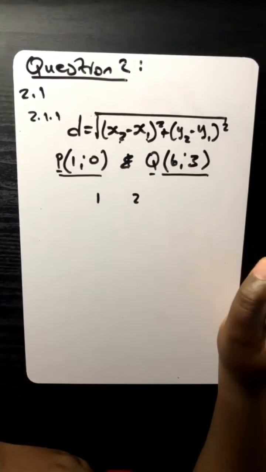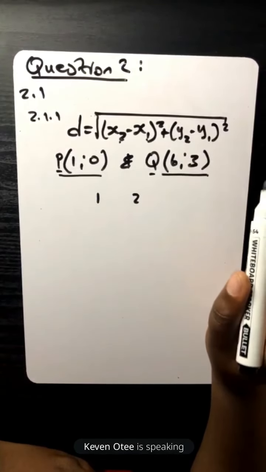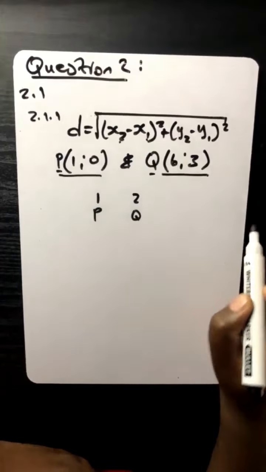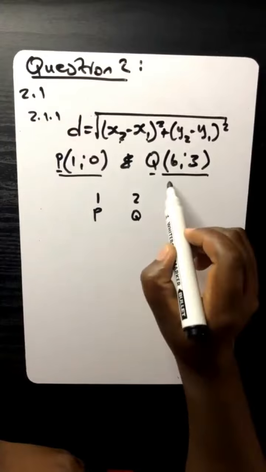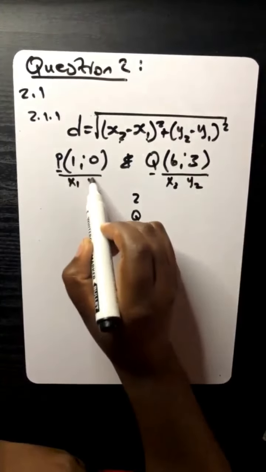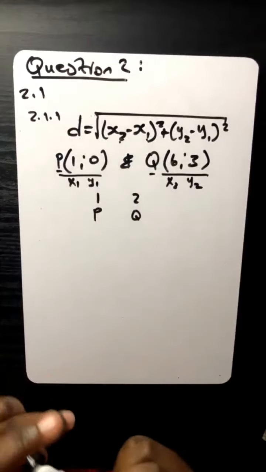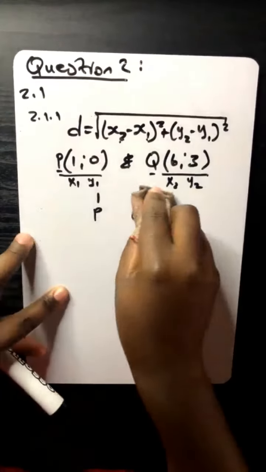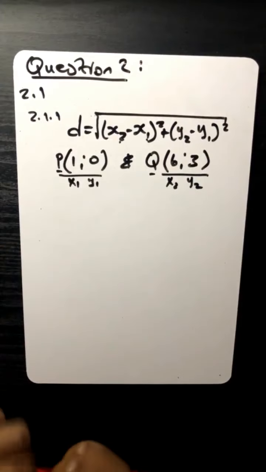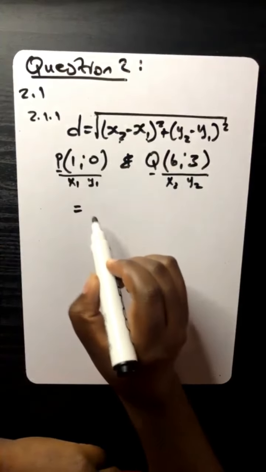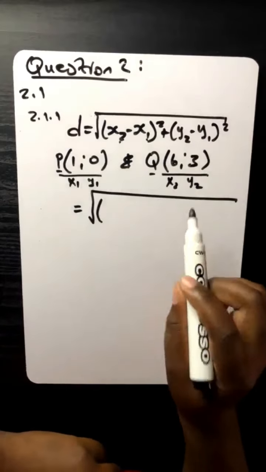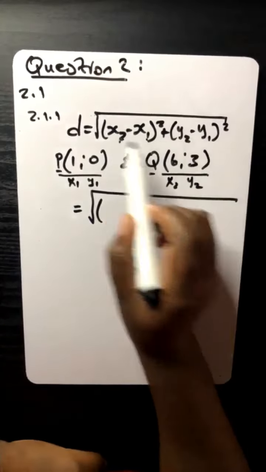A, B, C, D, E, F, G, H, I, J, K, L, M, N, O, P, Q. So P comes first, then Q comes second, which means these are going to be my x1, y1 and x2, y2. I hope that makes perfect sense in terms of you choosing which one to use as your first and your second values. And make sure to remain consistent with the other letters.